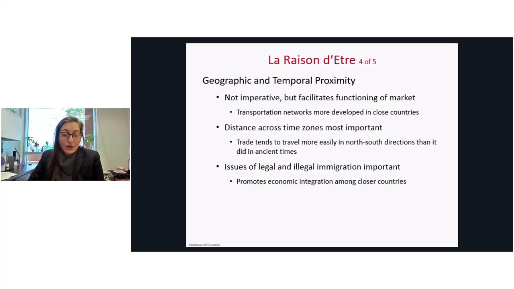And distance across time zones is actually very important. We've recognised that trade tends to travel more easily in north-south directions than it has done historically. Issues of legal and illegal immigration are also important because it promotes economic integration amongst those countries that are in close proximity.